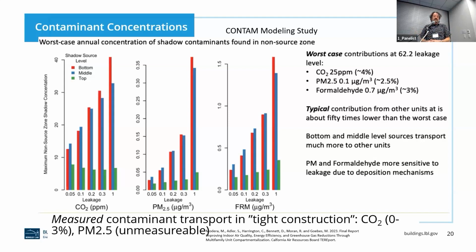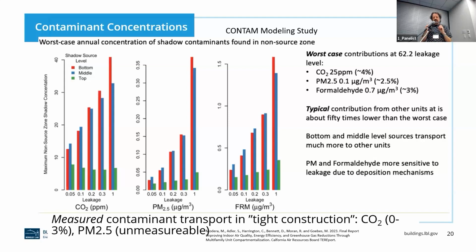In terms of CO2, we're adding about 25 ppm from unit to unit, about 4% of the total. For the PM and the formaldehyde, we get slightly less transport. That's because of some deposition mechanisms happening in the transport here and so on. But it's clear that it matters where you release stuff. But I think generally speaking, transport is relatively low, so long as you're meeting some reasonable standard for airtightness.